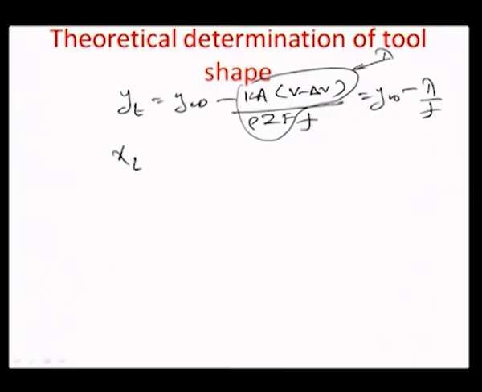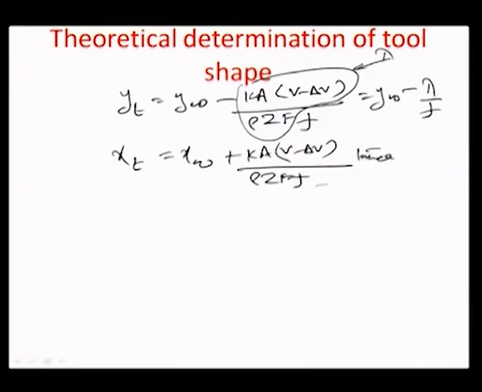And the xt here can be related to the xw by the term Ka V minus delta V divided by rho Z F times tan of theta, right, because this was cos theta and then the xw was displaced backwards from the xt by the term g sin theta.